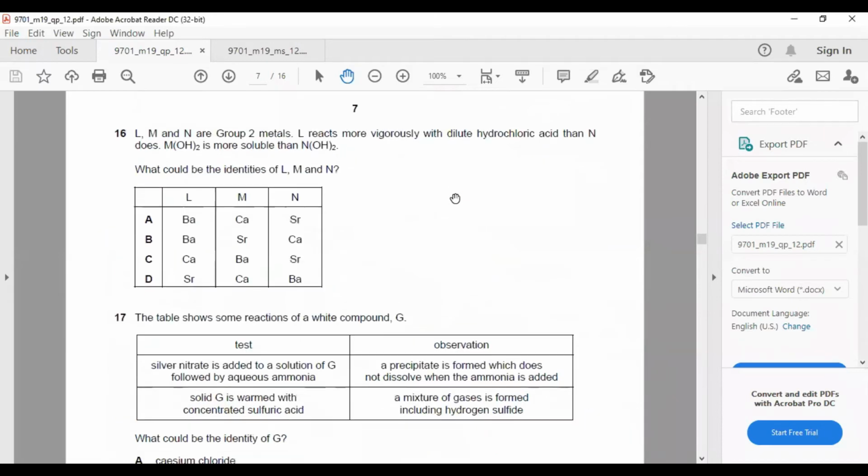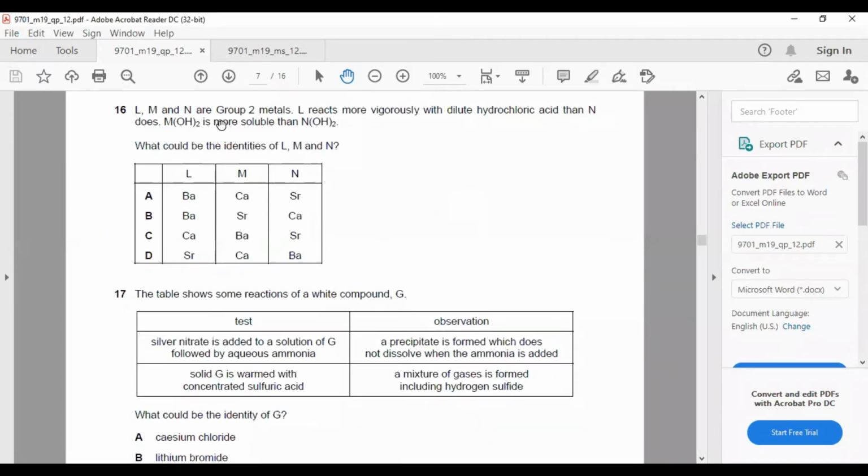Number 16. L, M, N are group 2 metals. L reacts more vigorously with dilute hydrochloric acid than N does. M hydroxide is more soluble than N hydroxide. In group 2, beryllium and magnesium you can leave out. We start from the options: calcium, strontium, barium. Solubility of hydroxide increases down the group.